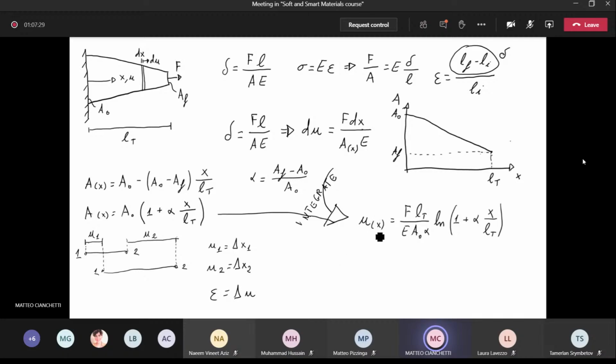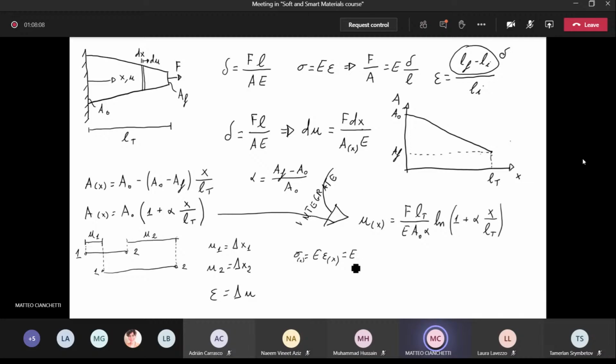Now, going back to U, so the distribution of the displacement with respect to x, we can also use Hooke's law to define the stresses. Let's recall: sigma x is the elastic modulus multiplied by the strain.